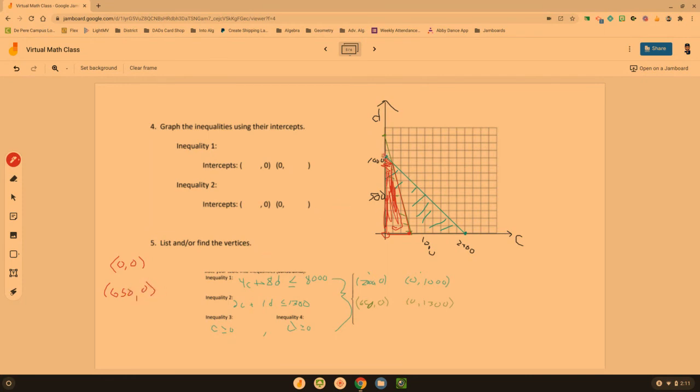Up here on top is 0, comma 1,000. And then there's a point of intersection right here, which is 200, comma 900. If you needed to find that, you could go into Desmos, type the equations, and see where they intersect. 200, comma 900. So we've got all of these vertices.